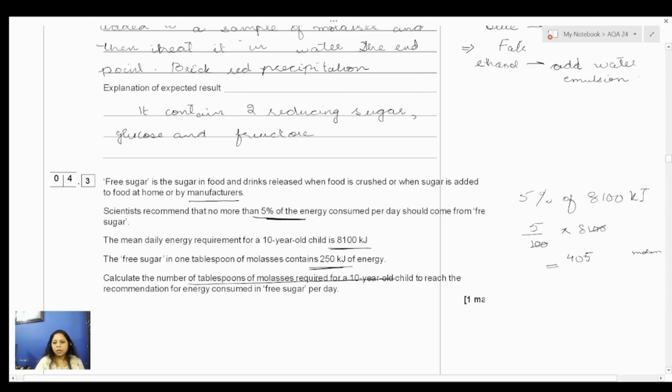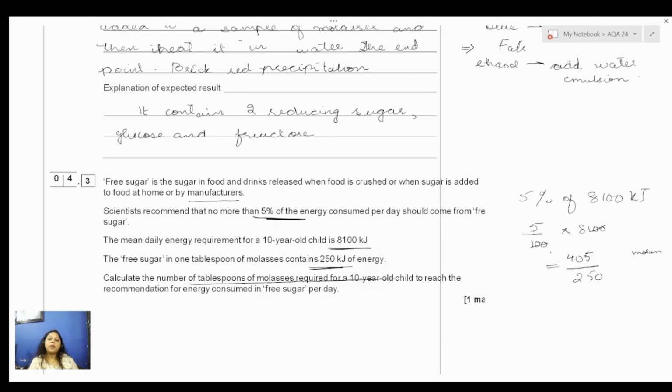Now, if one tablespoon contains 250, how many will be there in 405? So we need to divide it. Let me rephrase it. For example, if you have nine candies and you have to give them to three children, you will divide it, right?